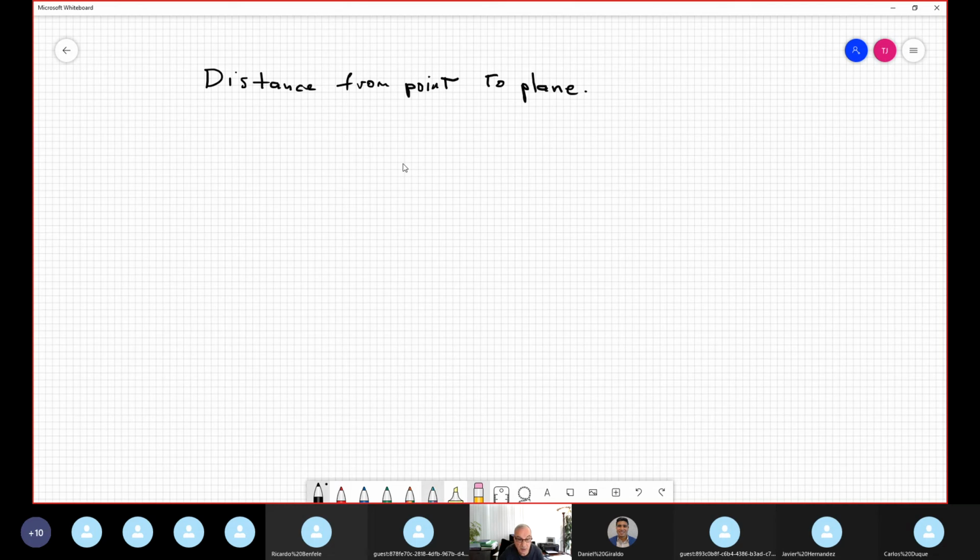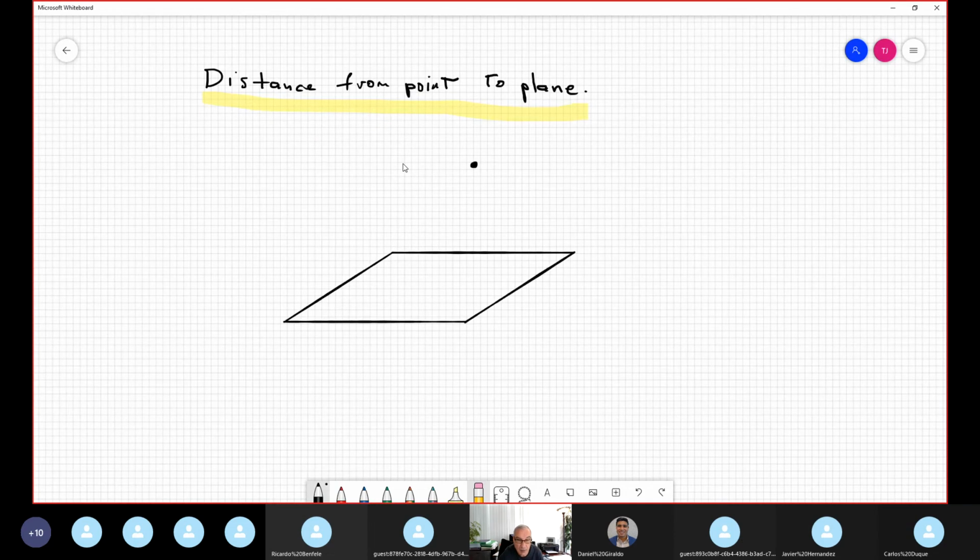Shortest distance. Okay, so in this case we have two different objects. We have a plane and a point. Point P and plane pi.